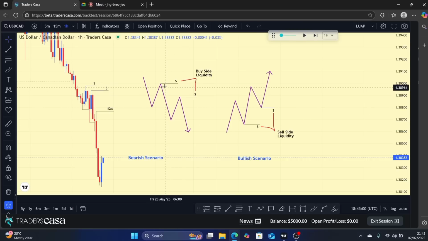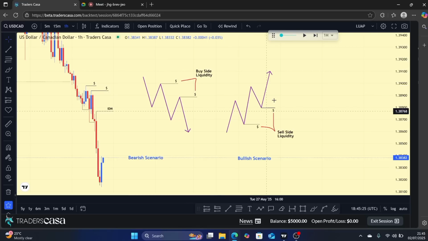So for the highs of these pullbacks, in every pullback that is formed, at the highest point of that pullback there is some liquidity resting above it. Since these are highs, the liquidity resting above these highs is what we call buy side liquidity.